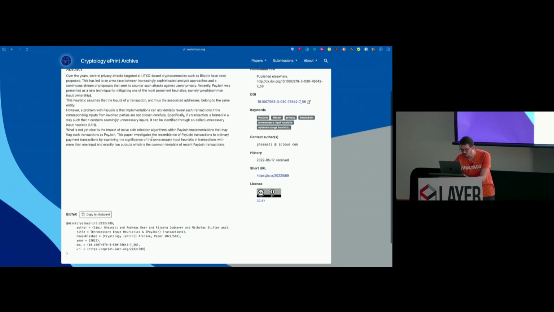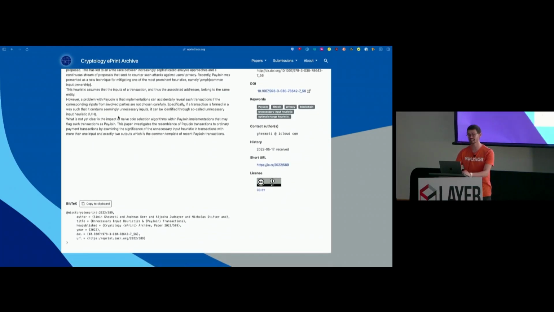If a transaction is formed in a way such that it contains seemingly unnecessary inputs, so if a receiver adds an input to the transaction, that probably didn't need to be there, and if we can identify that, that's a problem. There are ways around that, and people have done work to make it look like all the inputs are actually needed, or at the very least, confuse chain analysis.